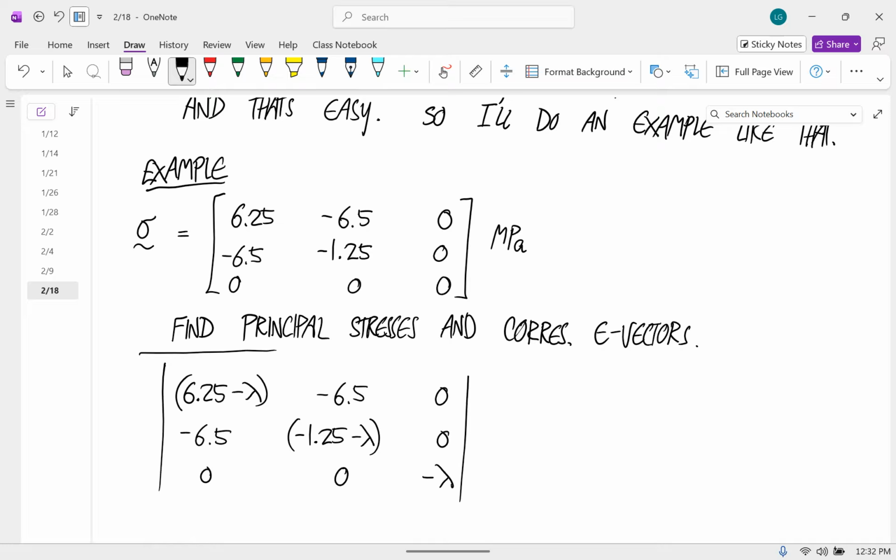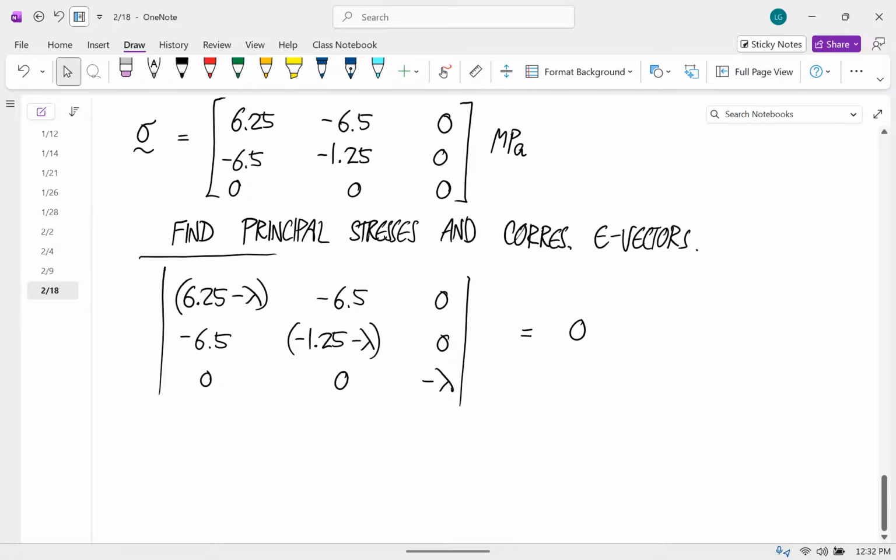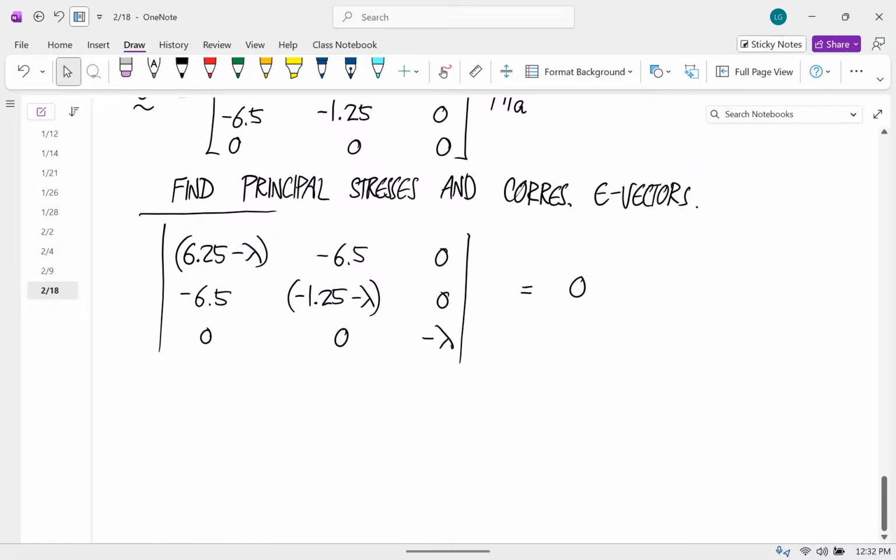If I multiply this out, calculate this determinant, I got 6.25 minus lambda times negative 1.25 minus lambda times negative lambda.